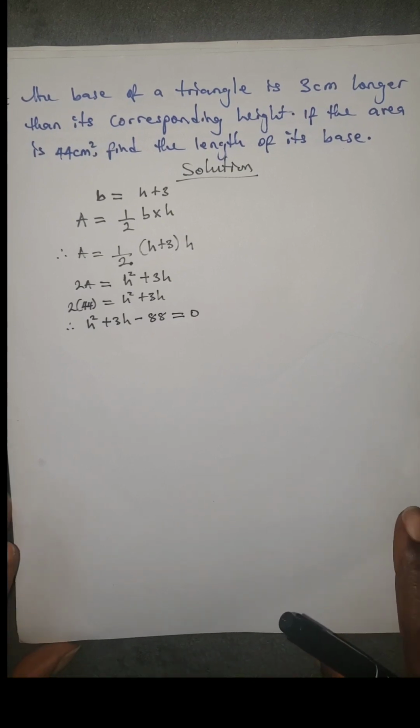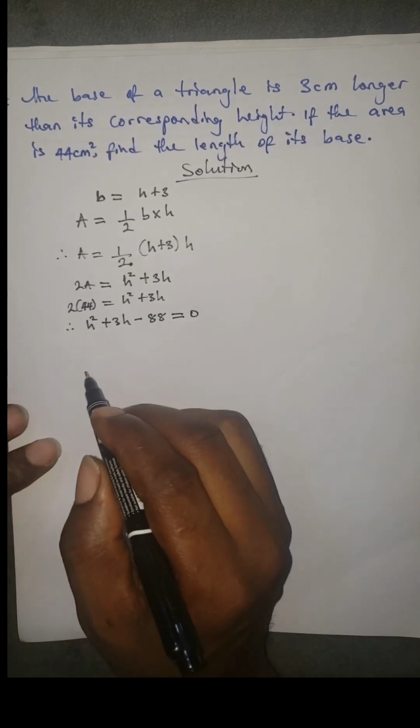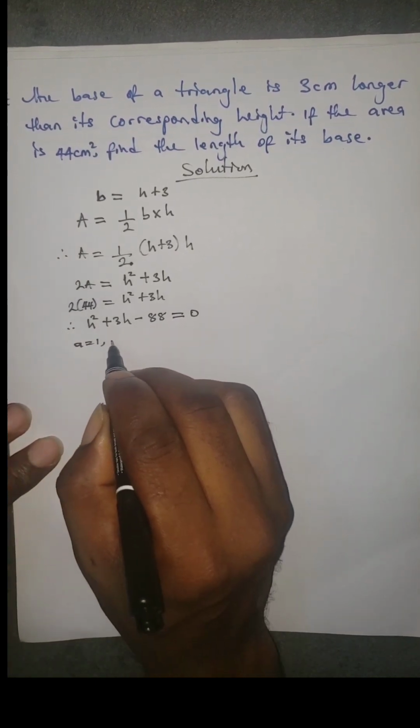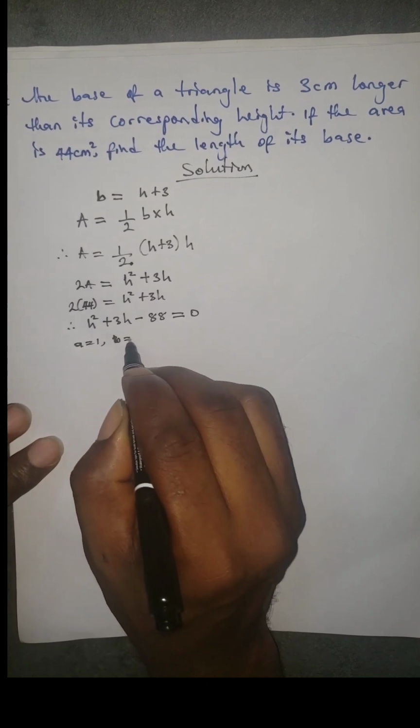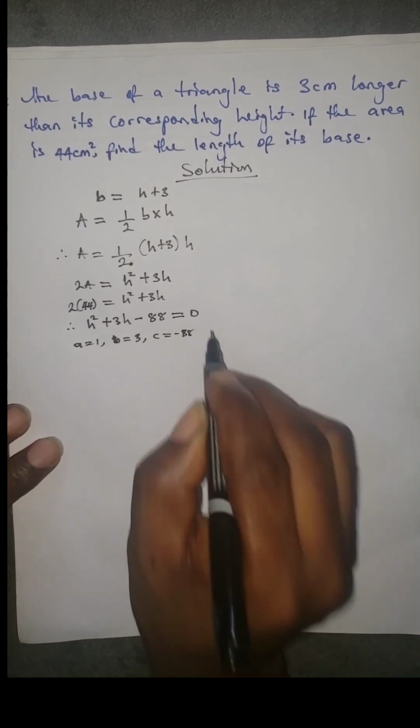So whenever you get your quadratic equation like this, the next thing is to solve, and the method that you want to use to solve all depends on you, which of the method that you find very easy. Okay, for me, I find quadratic formula very easy to use, so I'm going to use quadratic formula to solve. So my a now is equals to 1, b equals to 3, and c equals to minus 88.